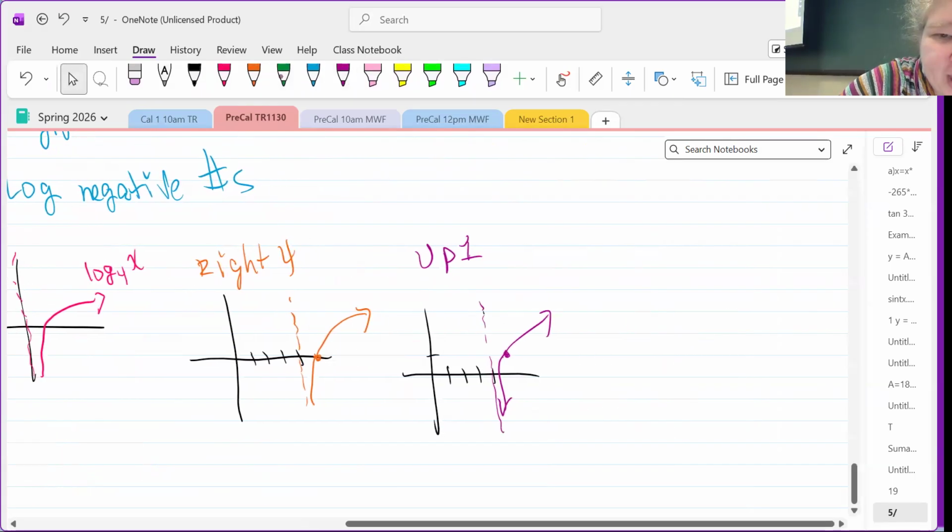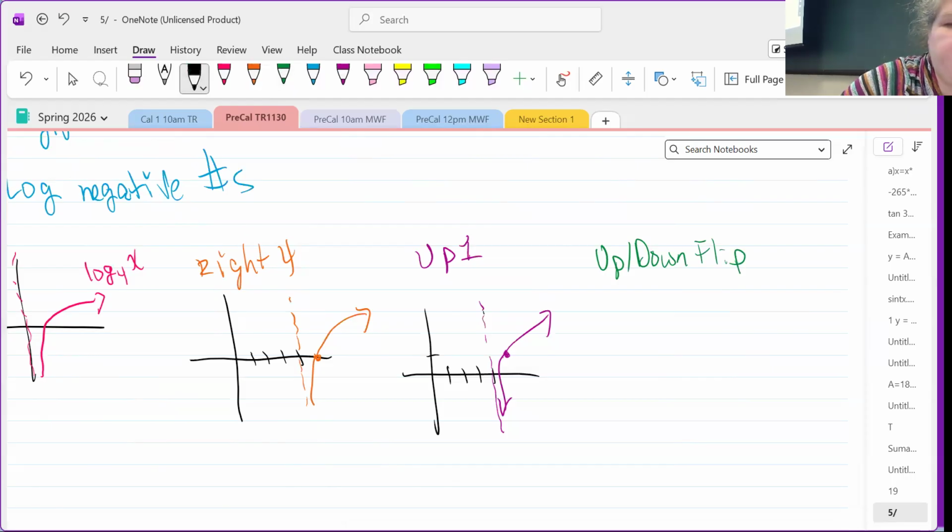And then I do the up-down flip. So my asymptote will still be at 4, but it goes from up there to down here.